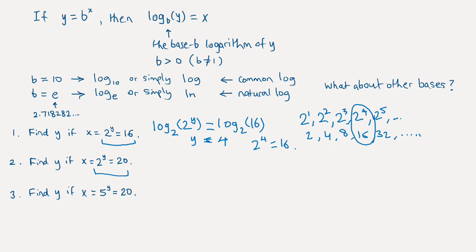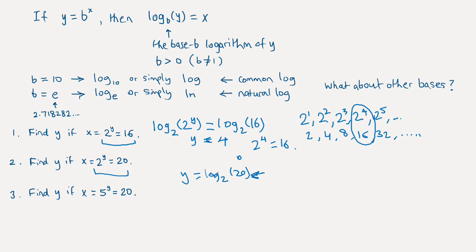Because if we were to proceed as we might normally, we would start with log base 2 of 2 to the y equals log base 2 of 20, and then we would get y equals log base 2 of 20, but we don't have a way of calculating this, because most calculators and computers will only allow us to calculate common logs and natural logs. So we need to come up with something else.